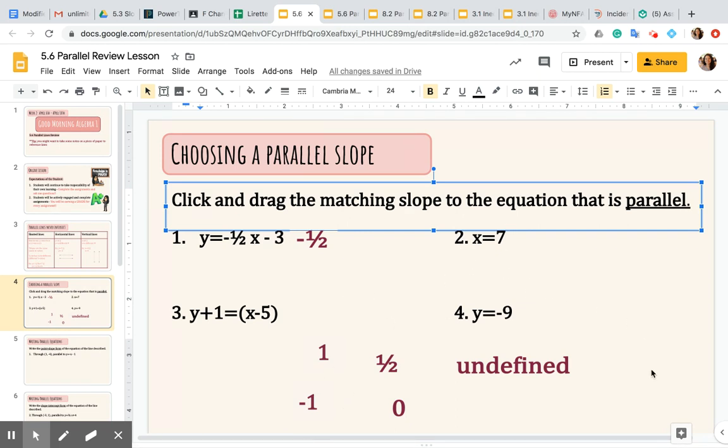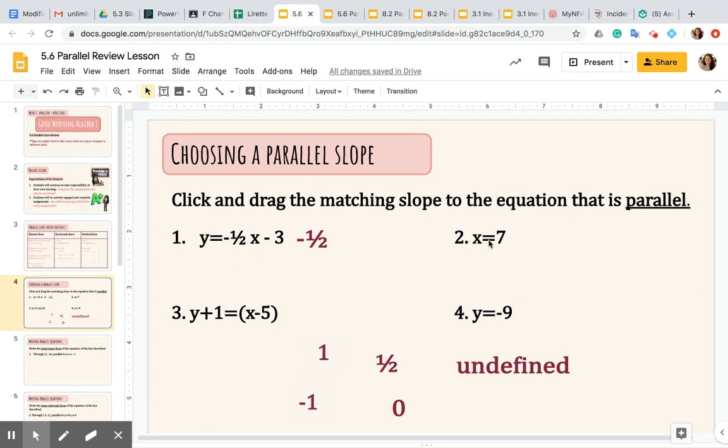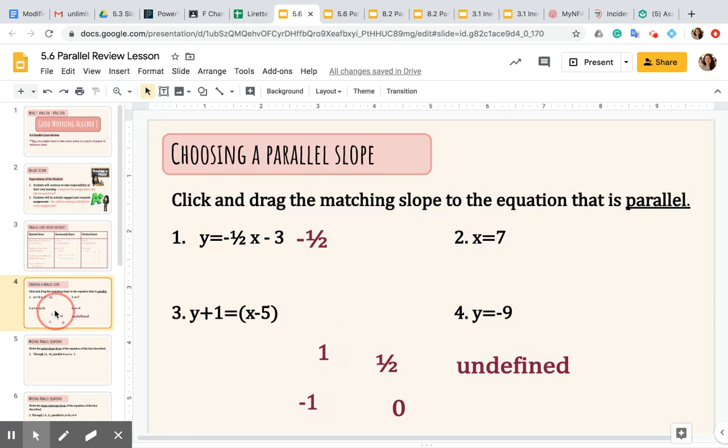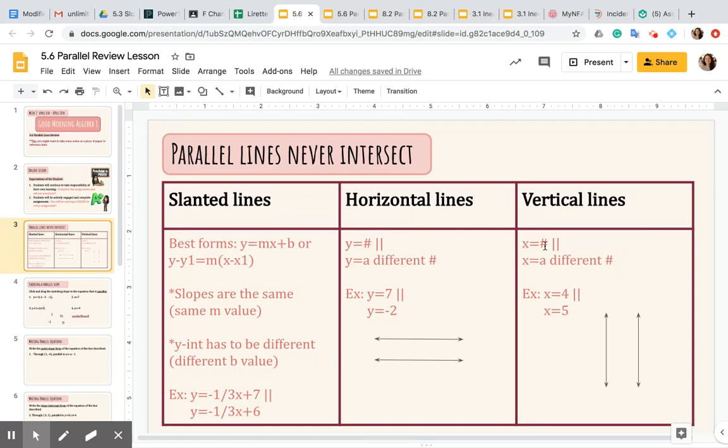Let's take a look at number 2. It says x equals 7. Let's say you forgot what type of line that is. That's when you go back to this table and you find the equation that looks similar. Well, if I look at this column right here, this is the one that only has an x. If you notice, this equation only has an x. There's no y. It's only an x. That means it's a vertical line. Well, what's the slope of a vertical line?